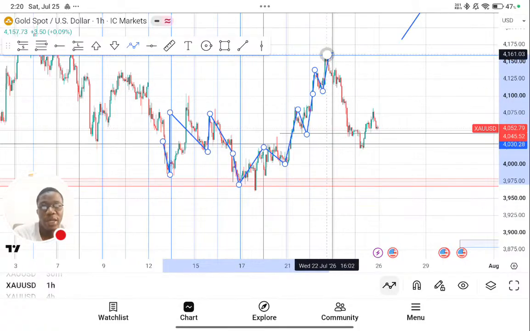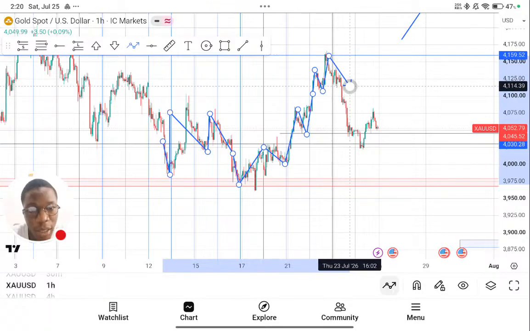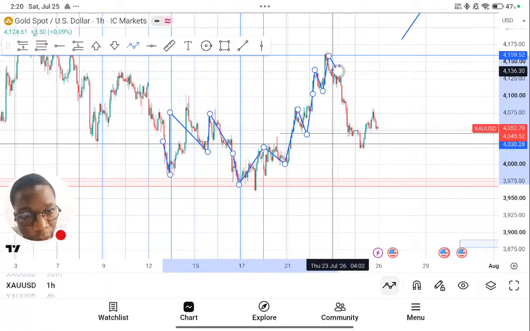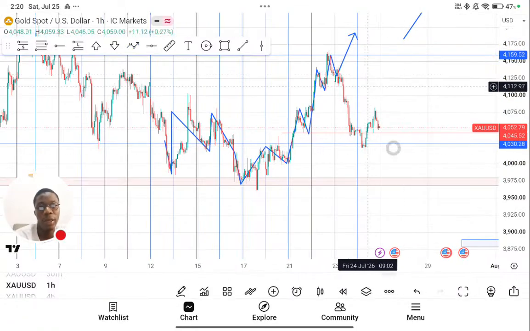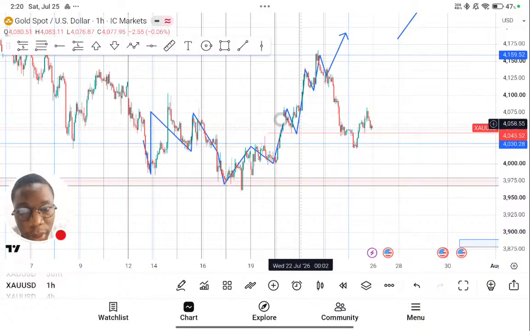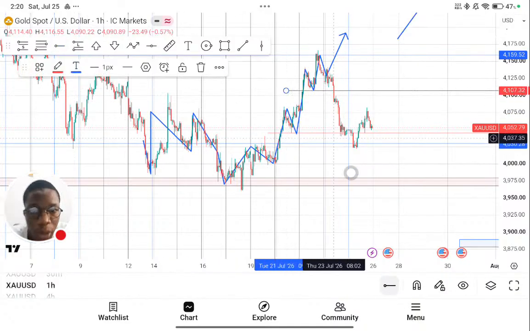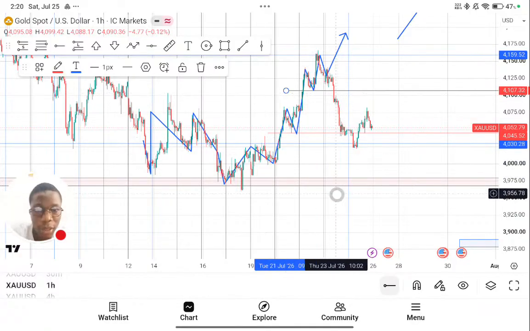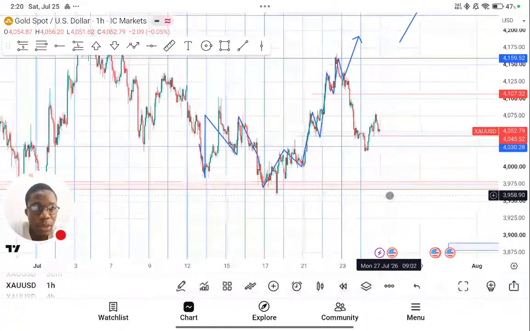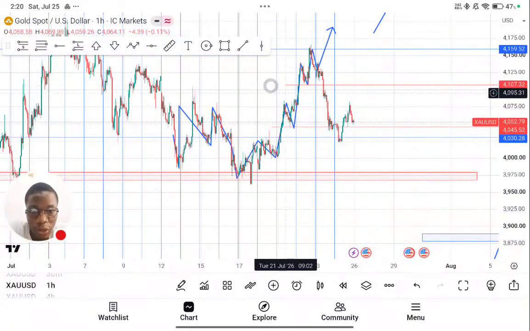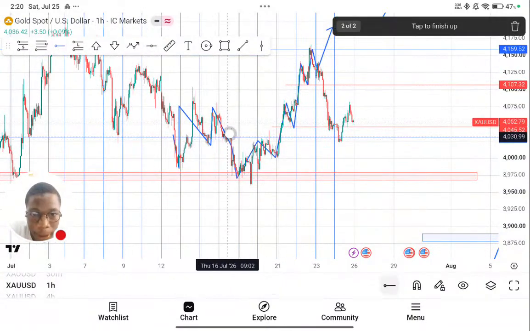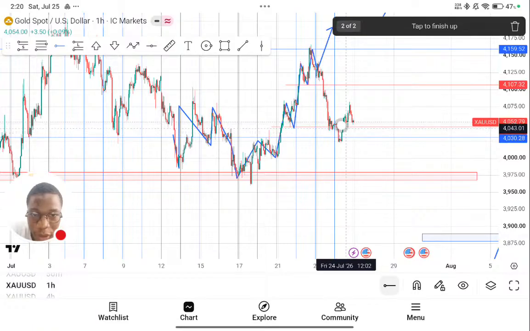You would have been expecting the market to just retrace, and make a new high again. But what happened? The market came all the way, look at this low that we identified. It was taken out. So it tells you the bulls have taken over. It took out this low. It still came out and took out these two lows.